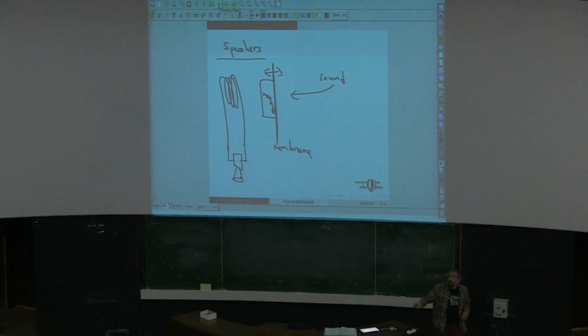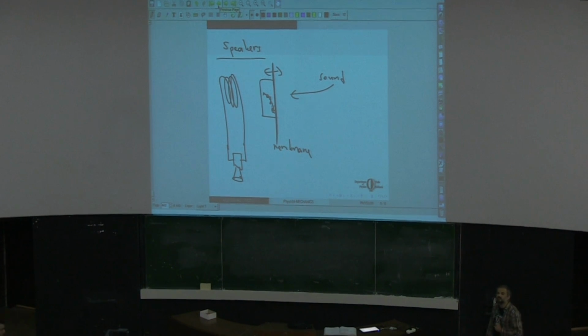So let's see what happens in this circuit. Now you create this vibration. The sound is mainly a collection of vibrations. So let's say that you cause this membrane to vibrate at a given frequency. Now you will be causing this membrane to vibrate in a superposition of all kinds of frequencies, but for the time being, let's just look at one frequency.